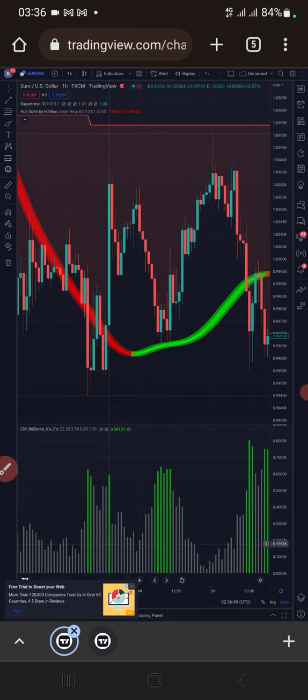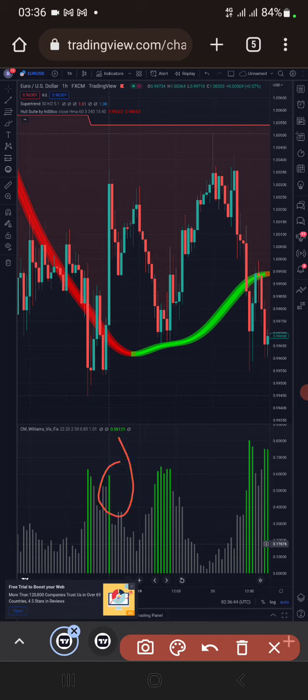And as you can see over here, it tells you that this is soon going to reverse on this bullish candle. It can also tell you when you have a top.